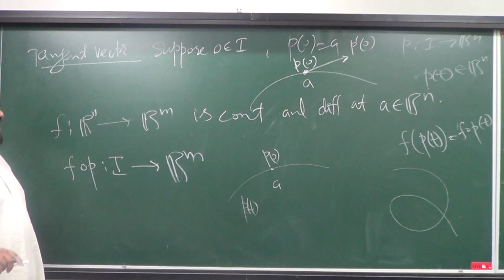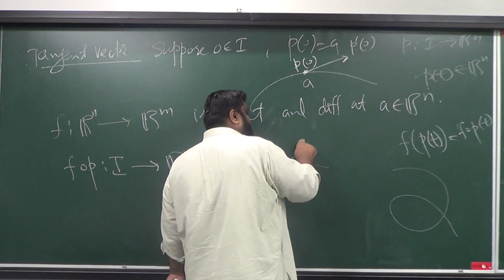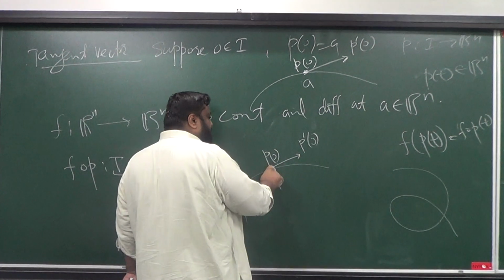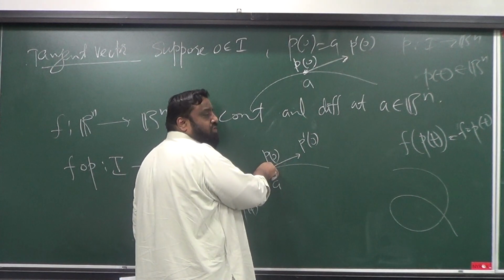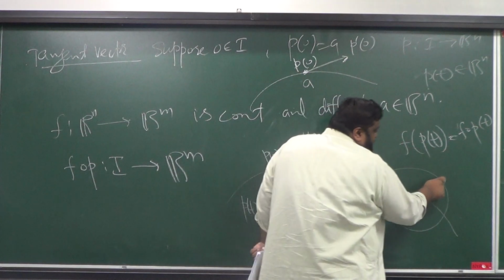Okay, so at this point A, I can have a tangent vector. So this is p prime of 0. This point A would also be transformed under f onto this path. Where would that path be? I don't know, maybe it's here.